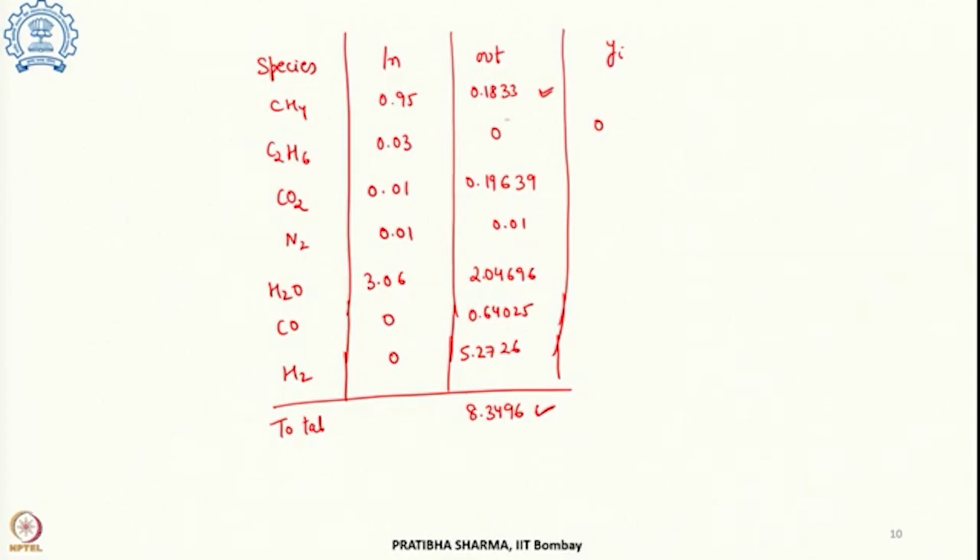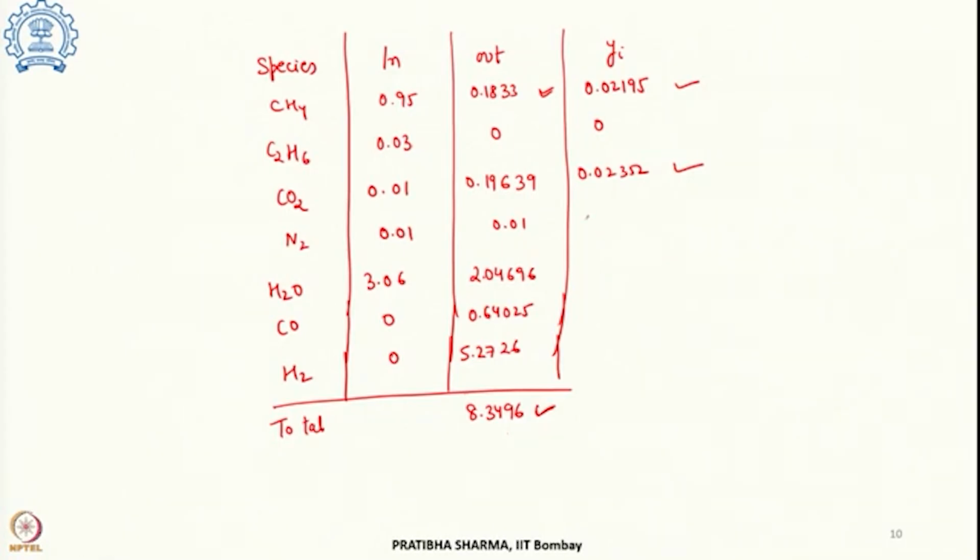So if we divide 0.1833 for methane by the total number of moles, we get 0.02195. This is the mole fraction of the unreacted methane in the outlet gas stream. Same for carbon dioxide, it is 0.02352, that is the carbon dioxide left after the reaction.